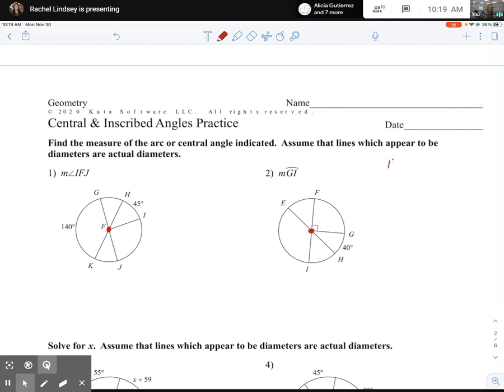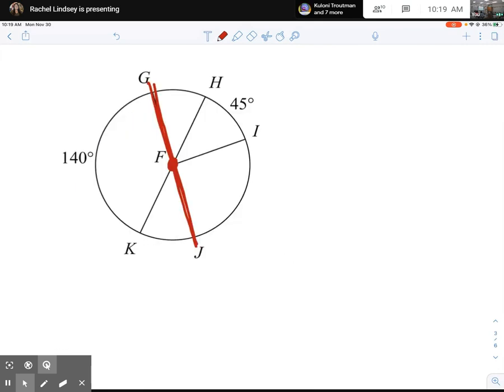Central angles always have a vertex at the center. And on your paper I wrote this, but with that you know that the angle equals the arc. The angle always equals the arc. And remember, if you have a diameter, those equal 180. So this right here, that's a diameter. So how can I find this one? Diameter, that half equals what? 180.